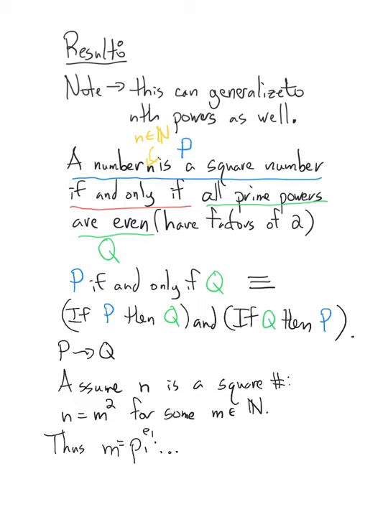Remember, every number has exactly one way you can write it as a product of primes. So just like in section 4.2, we're using that fact. So we're factorizing m into its prime factorization here. So this is the prime factorization for m.